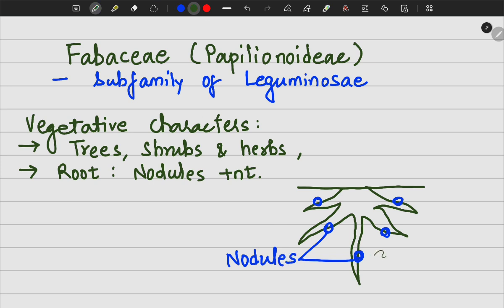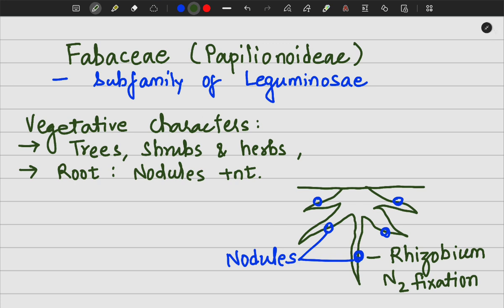Inside these nodules, a bacteria called rhizobium is present. This rhizobium bacteria fixes the atmospheric nitrogen and turns it into ammonia and other usable forms, which is taken up by the roots of this leguminous plant. So it is a type of symbiosis.